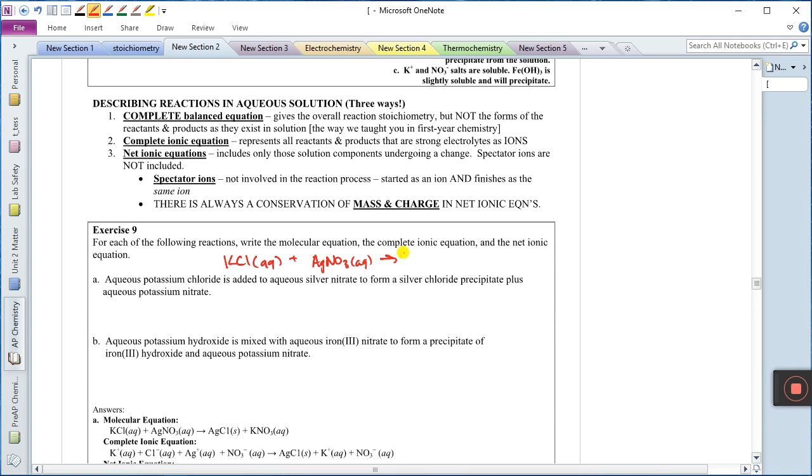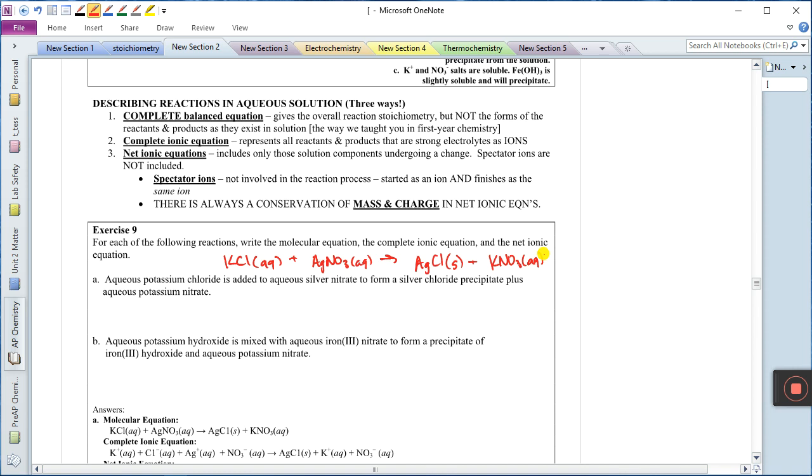I keep knocking my VGA cable. Alright. So my first product is going to be silver chloride, which is AgCl, which it tells us is going to be solid, plus potassium nitrate, which it tells us is going to be aqueous.